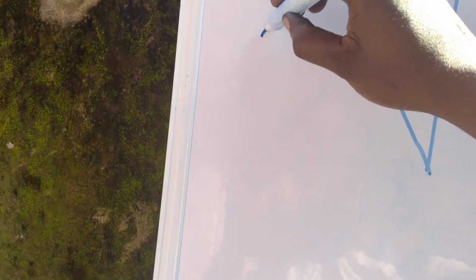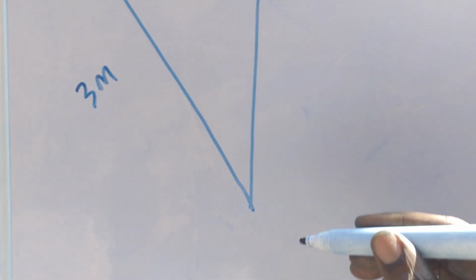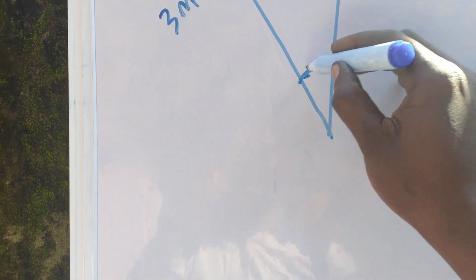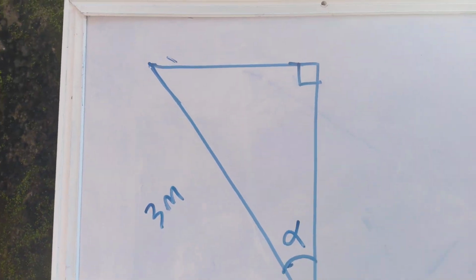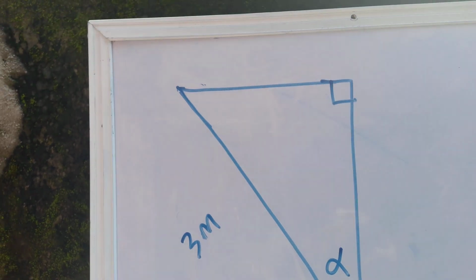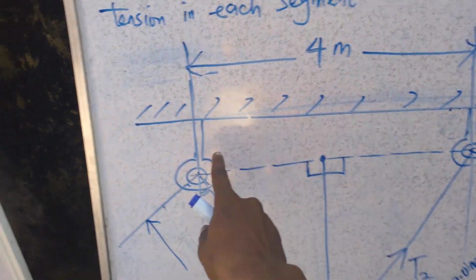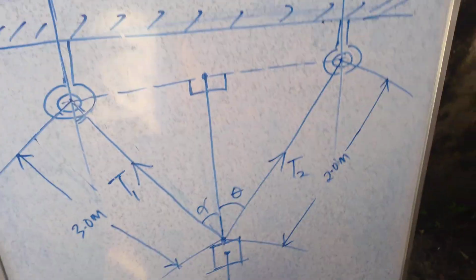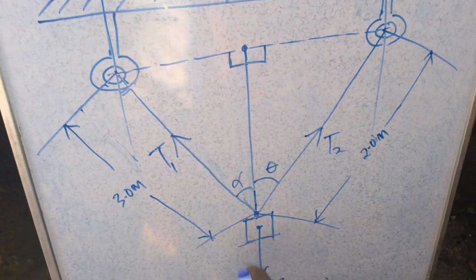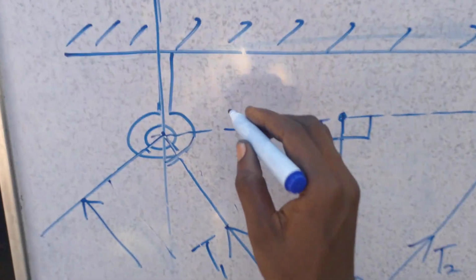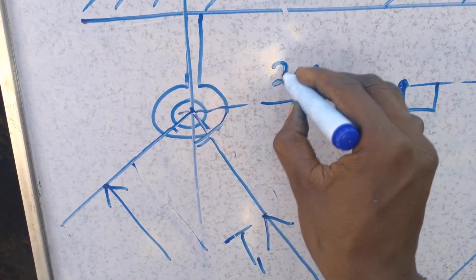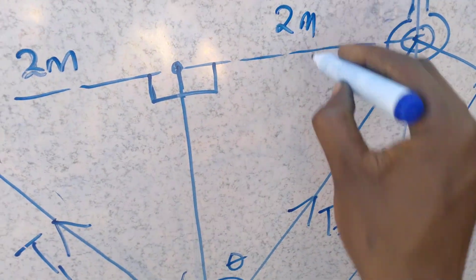Okay, so the length here is 3 meters, and this angle here is alpha. Here is 90 degrees. Now we'll look for this length here. The distance between the two hooks is 4 meters, and when we section this at equal distance, half of 4 is 2. So this is 2 meters, and this is also 2 meters.